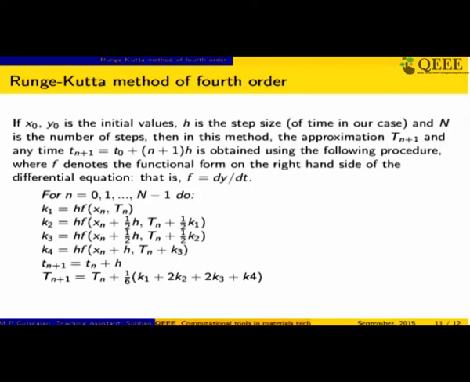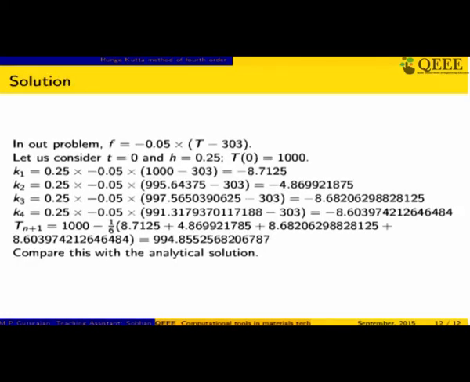So that is k1, and then using k1 you get k2, using k2 you get k3, and then xn plus h and tn plus k3, so using k3 you get k4. Once you have obtained all the values k1, k2, k3, k4, t(n+1) is nothing but tn plus 1/6 of (k1 plus 2k2 plus 2k3 plus k4).